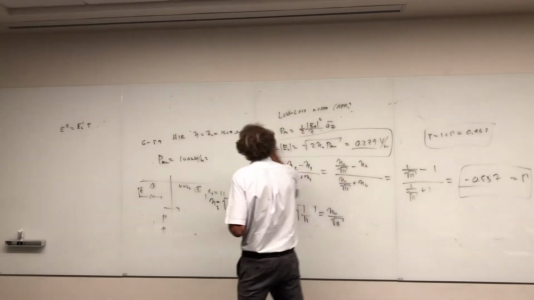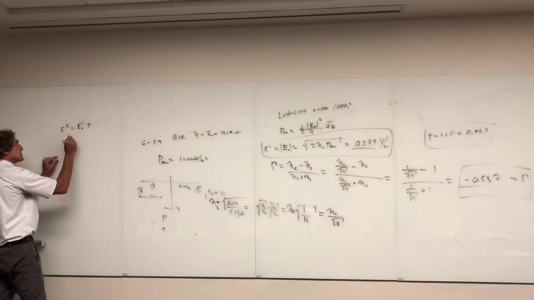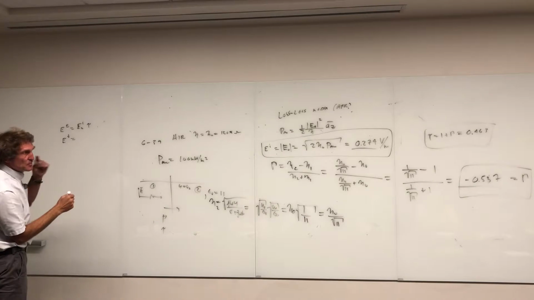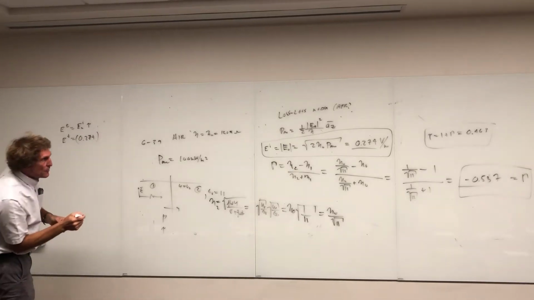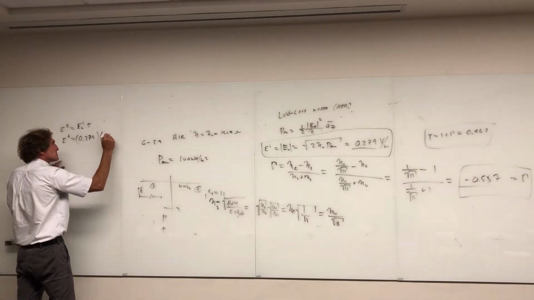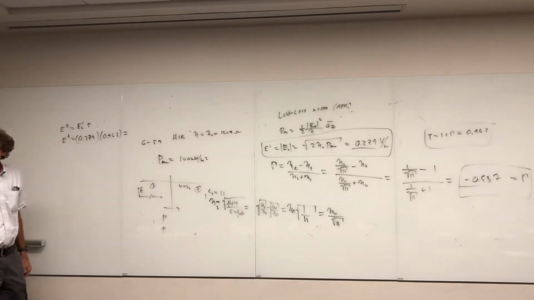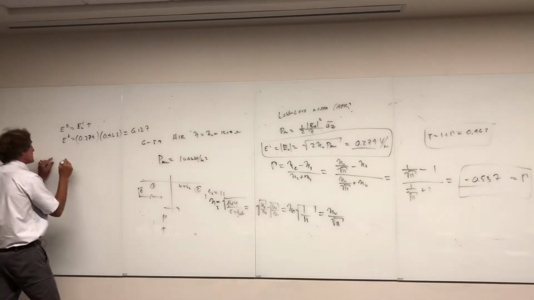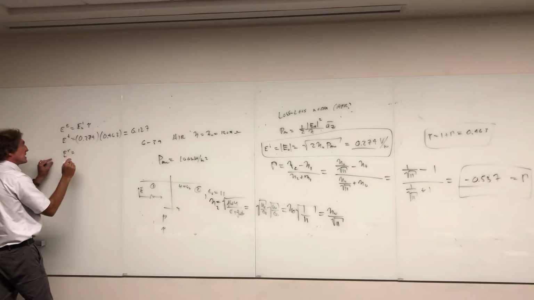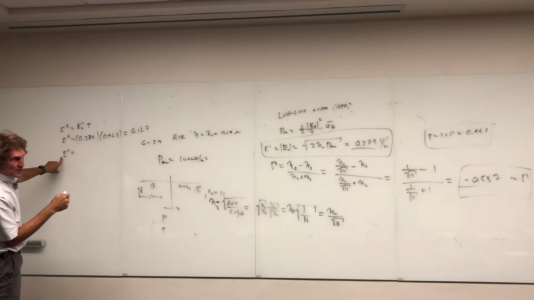And I've got the transmission coefficient. I find the transmitted field is E naught, which is equal to 0.274, times the transmission coefficient, which is 0.463. And what do you get for the transmitted field? 0.127.